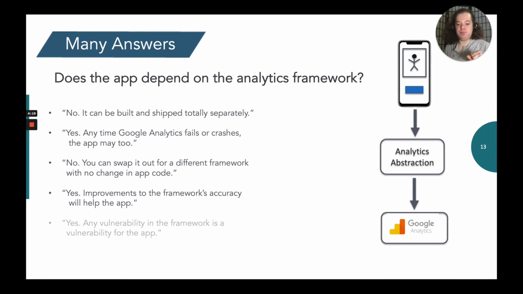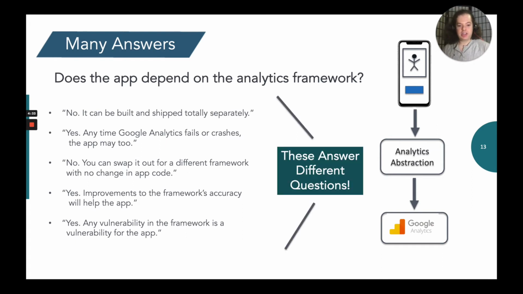So I might get more statistical accuracy if I use a different one. And also, if I'm doing security audits, then any security vulnerabilities in the framework will be security vulnerabilities of the app as well. And you might notice that these actually answer different questions.